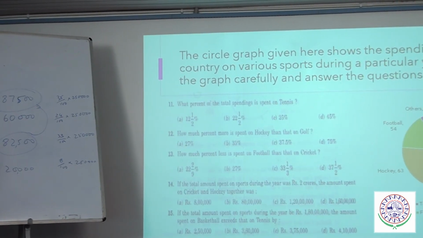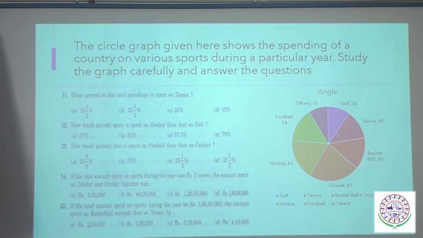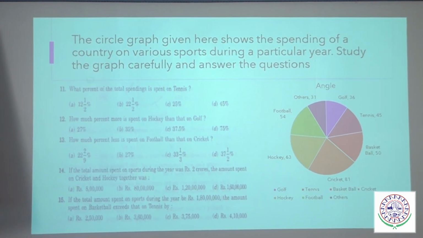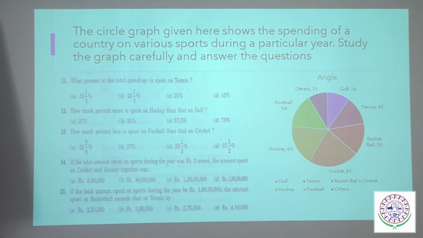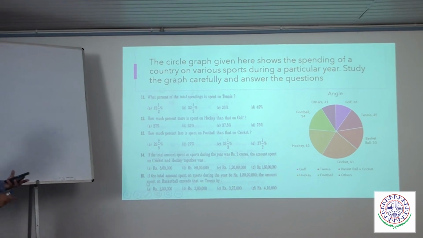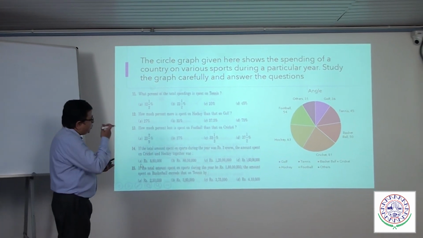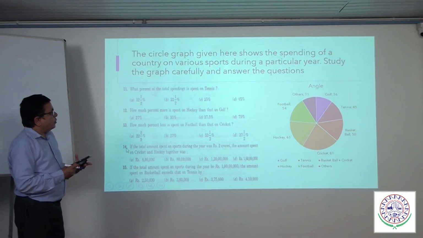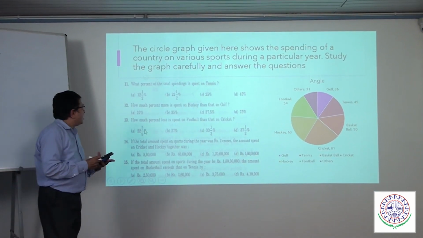Next one. Now we have a larger graph here. Circle graph or a pie chart which shows the spending of a country on various sports, including during a particular year.